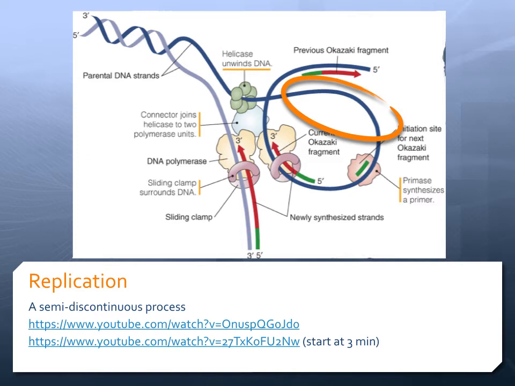It will first be covered by proteins that will prevent its reannealing with another piece of DNA. And when you have uncovered a length that is long enough of the single-stranded DNA, RNA primer will be added somewhere in the loop.